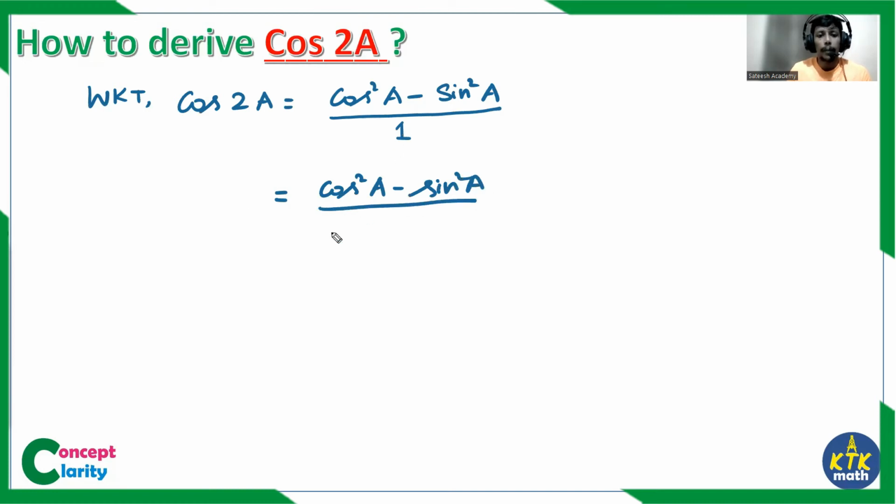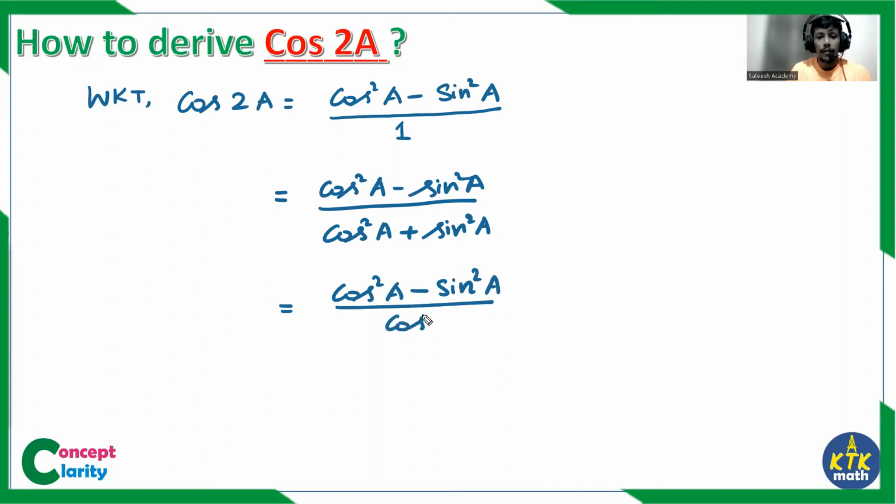Now this 1 can be written as cos square A plus sin square A. Now again, both numerator and denominator, you can divide with cos square A separately. Okay, so by cos square A, and the denominator also you can divide it by cos square A.